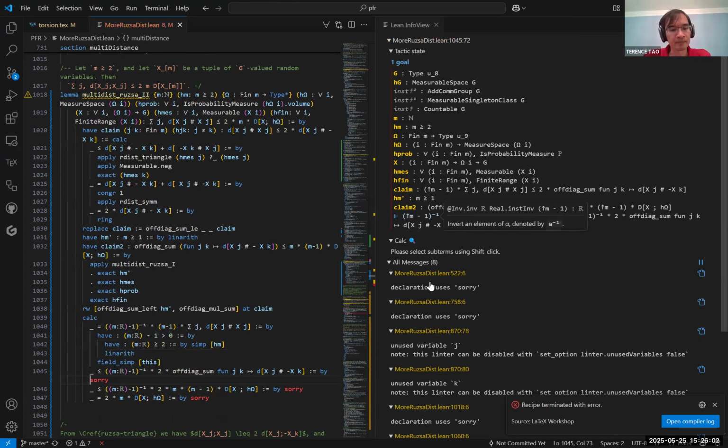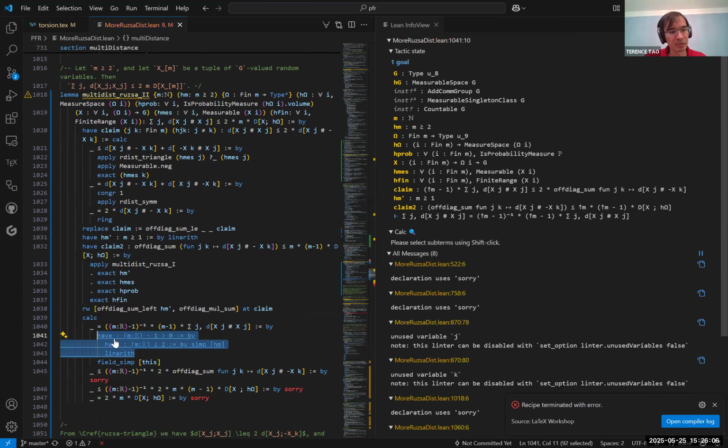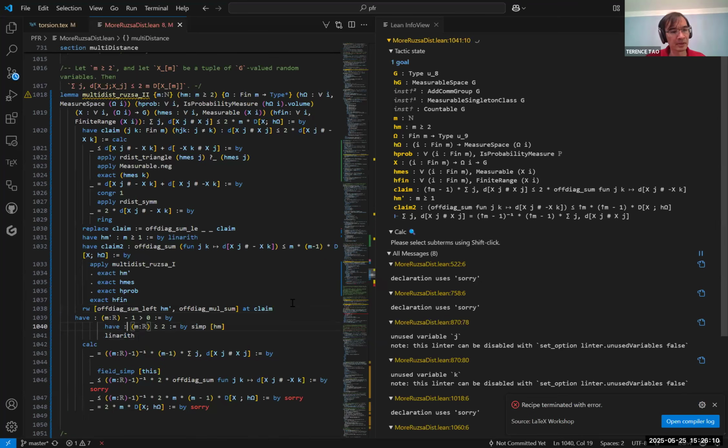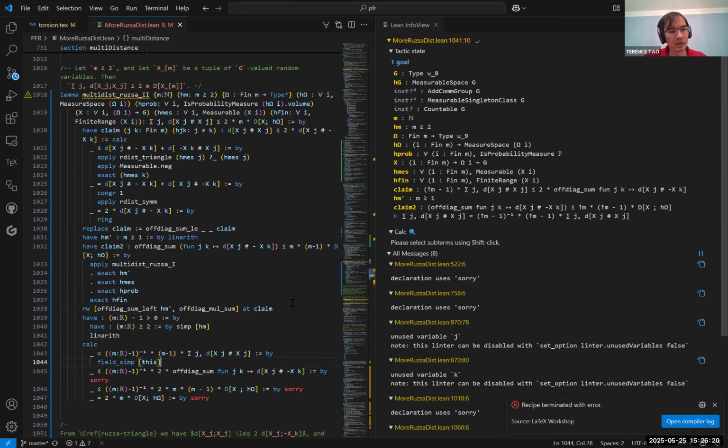All right. I can see that I'm going to need this elsewhere, so I'm just going to pull that out. All right, so for the second claim, there's this factor of m minus 1 inverse that should just get cancelled.